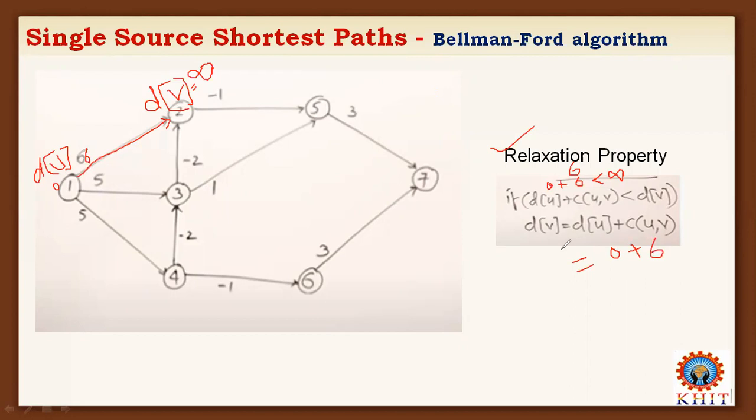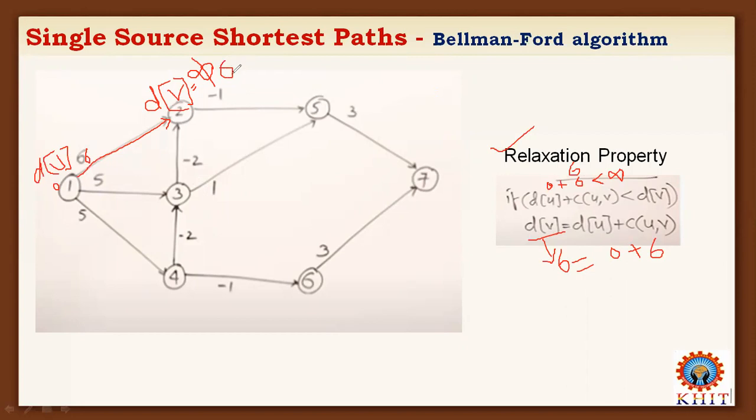So total is 6. D of v is 6. Now the value of d of v, infinity, is replaced with 6.